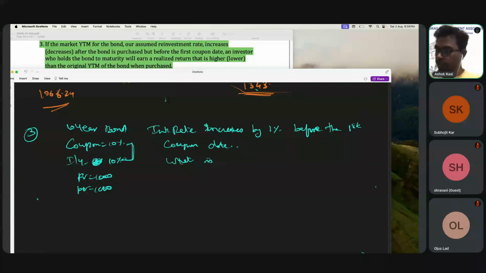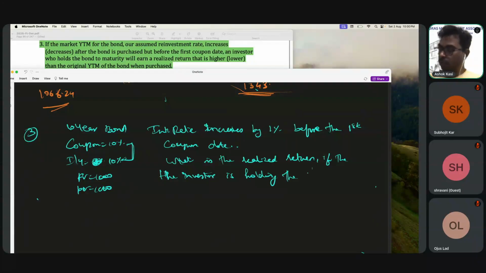This is the question. What is the realized return if the investor is holding the bond till maturity? This is the question.